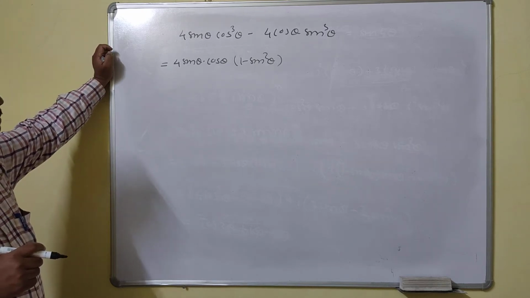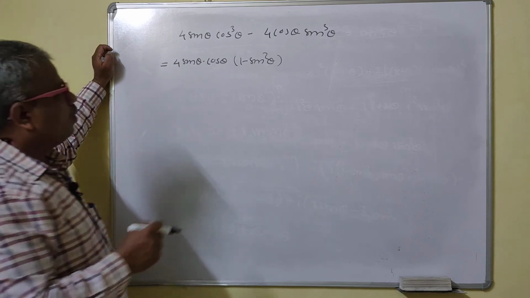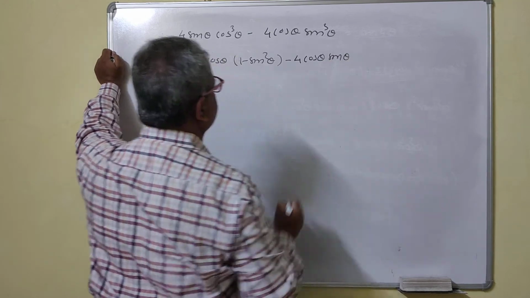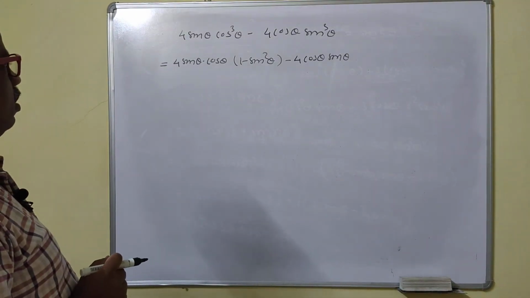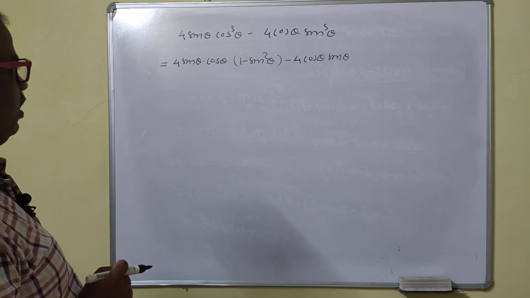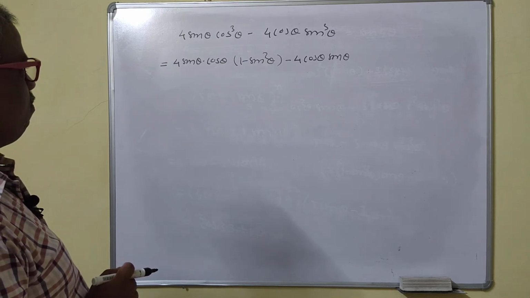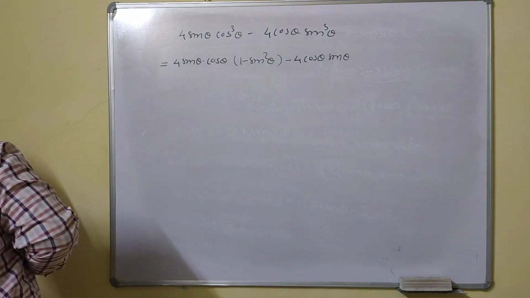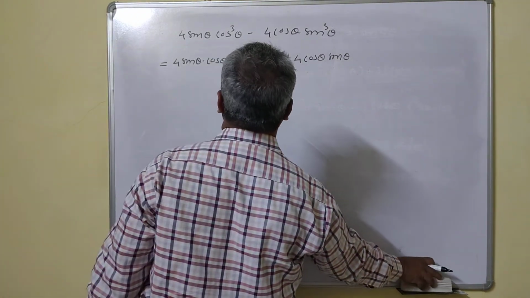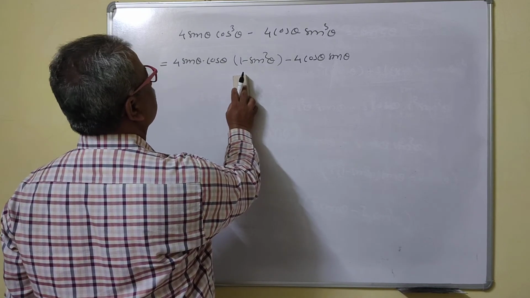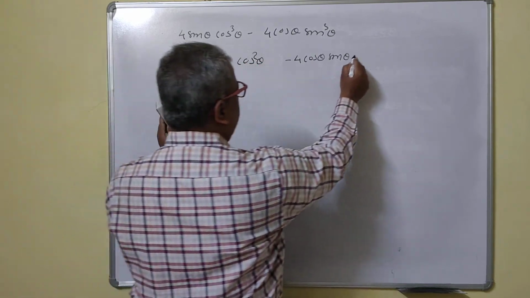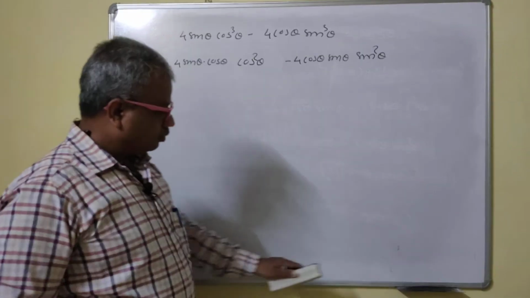Keep cos square theta as it is, and keep sin square theta as it is.